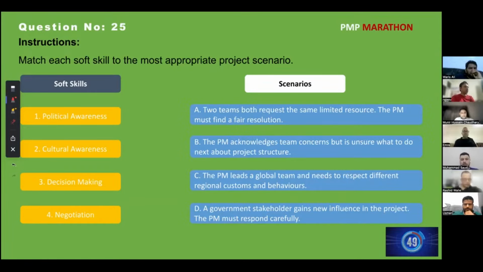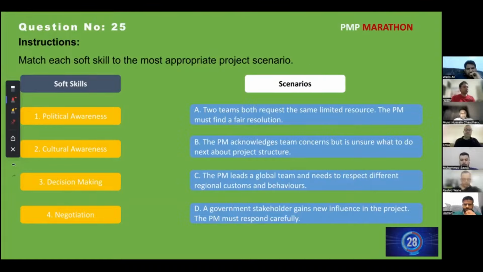Match each soft skill to the most appropriate project scenario: political awareness, cultural awareness, decision making, and negotiation. Two teams both request the same limited resources; the team must find a fair resolution.